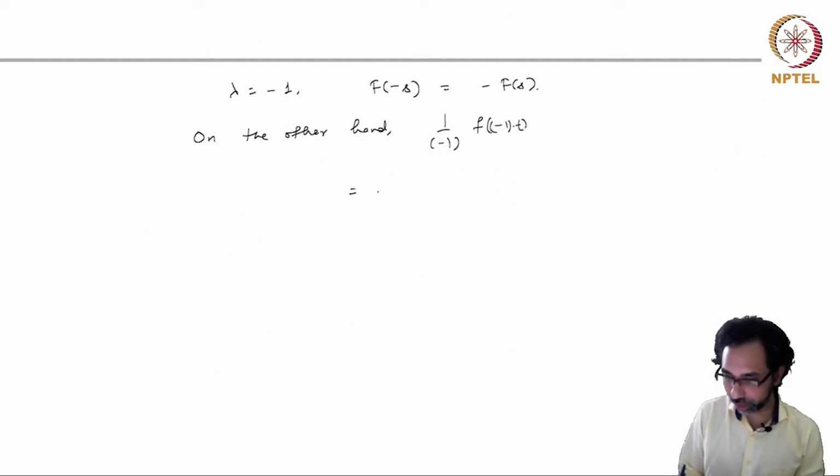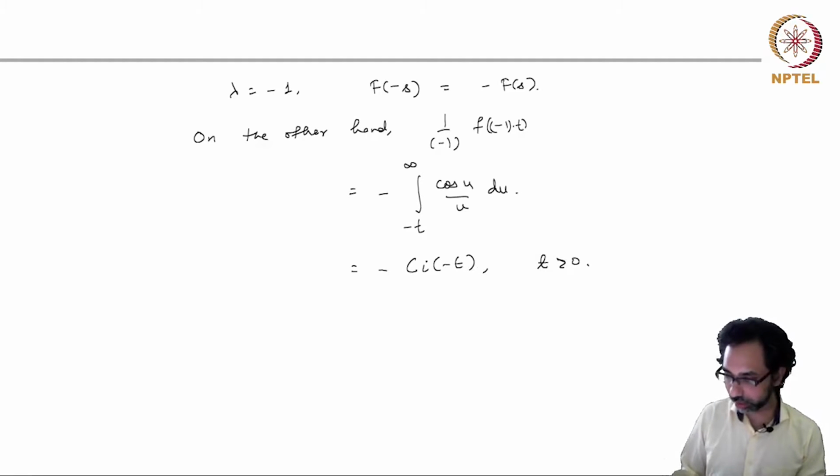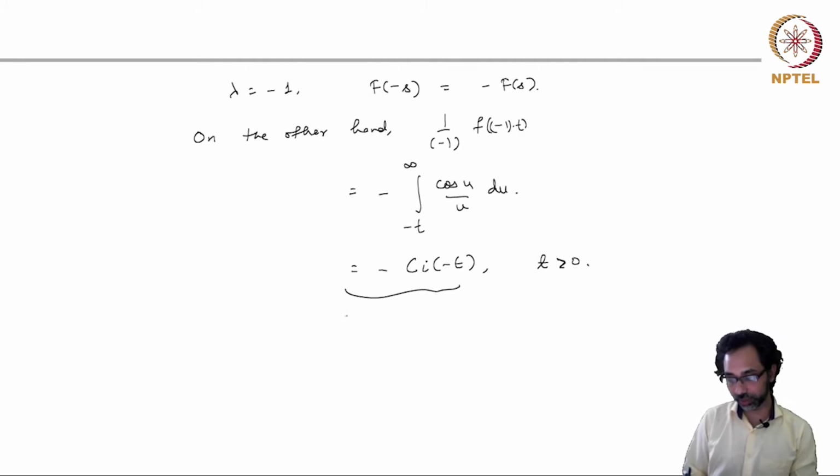Then this is given by minus the integral from t to infinity of cos u over u du. So this is minus cosine integral of minus t, where t is greater than 0, but this is not defined.